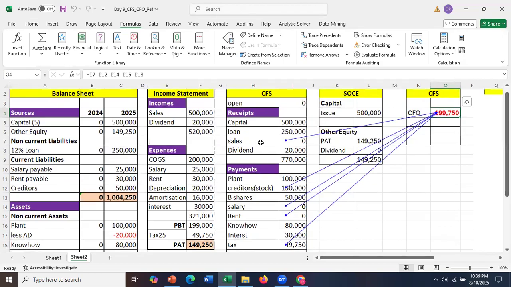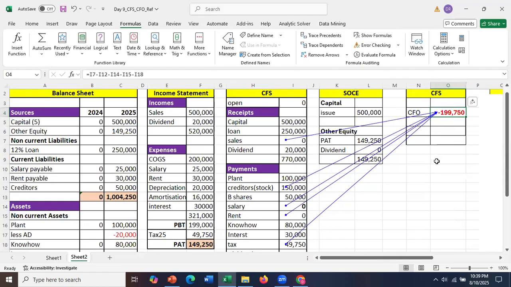Cash sales, no sales. There is sale, but no cash sales, minus the operating payments is the cash from operating activity. Observe CFO is negative when PAT is positive. Let that question be there at the back of your mind. Why is CFO negative despite the fact that there is a positive PAT?